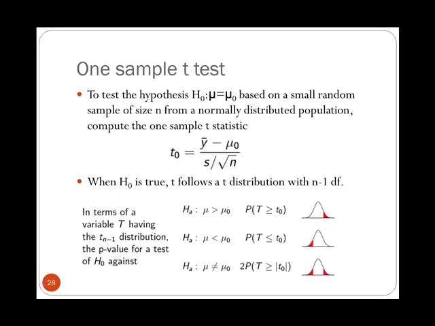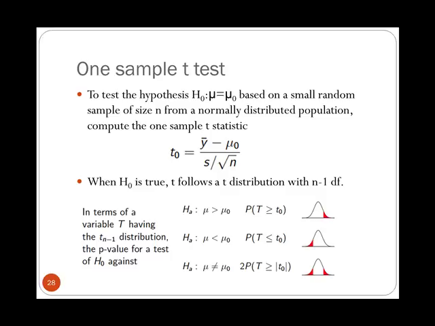In a one-sample t-test, we test the null hypothesis mu is equal to a value, based on a small random sample of size n from a normally distributed population. The sampling distribution is a t-distribution. The t-test statistic can be computed by using y bar minus mu sub 0 over s over square root of n.